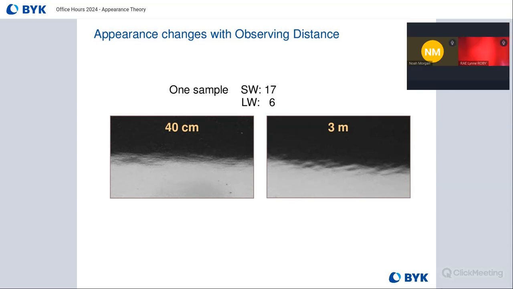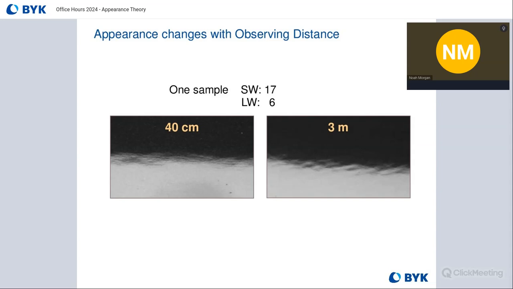Another thing we have to understand is our viewing distance and how it affects what we're seeing. In this case, at 40 centimeters, we see shortwave. This is usually smaller structures. And from 3 meters, we see longer waves.